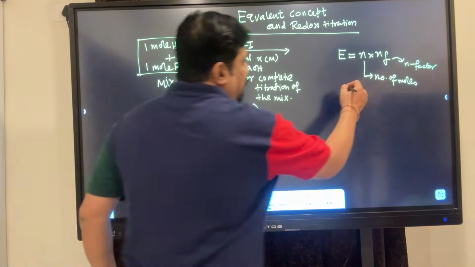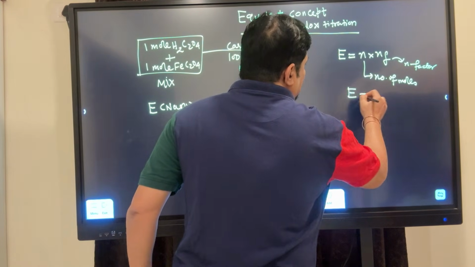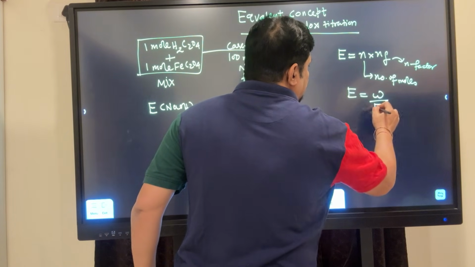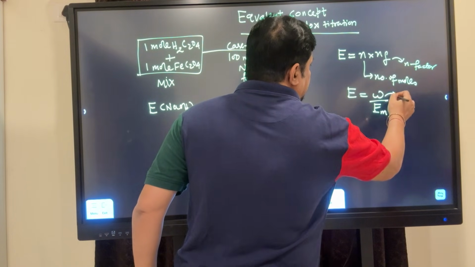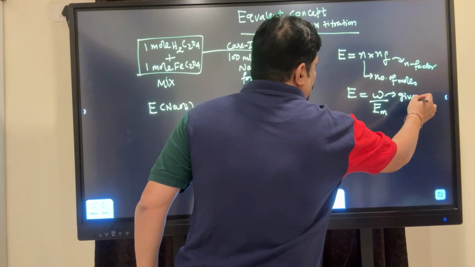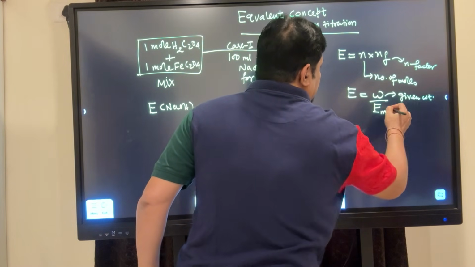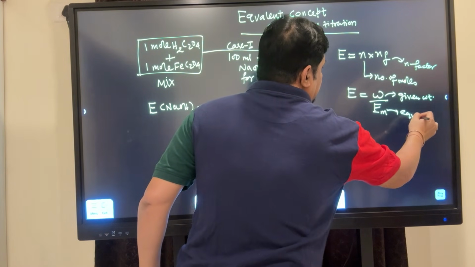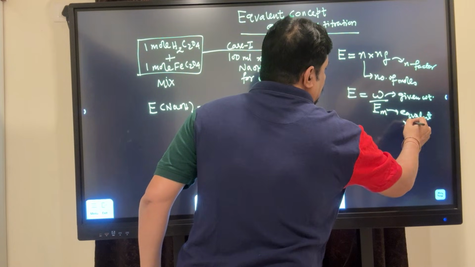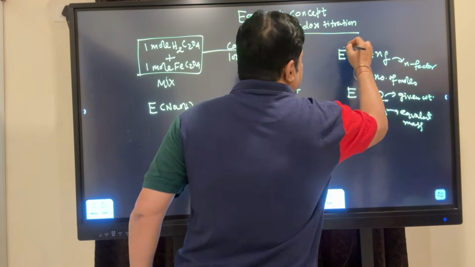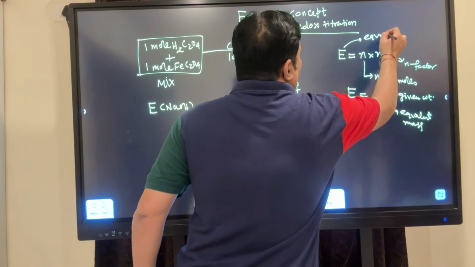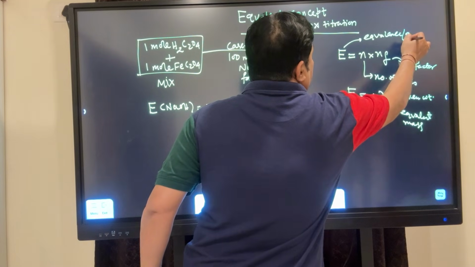Or another way we can derive, equivalence will be equal to given weight by equivalent mass. This will be utilized mostly in electrochemistry. Given weight by equivalent mass or equivalent weight, whatever you call it. And E is nothing but equivalence or gram equivalence, whatever you call it.